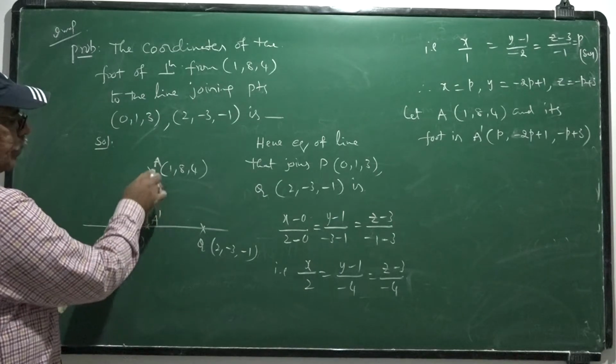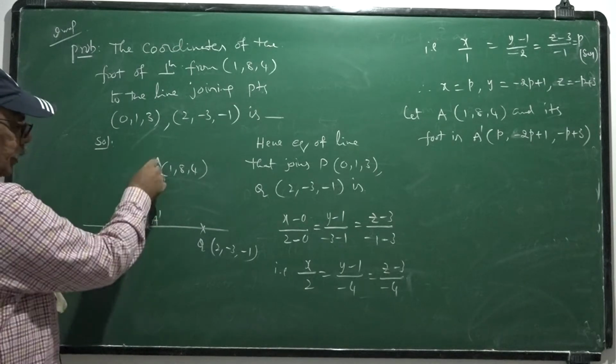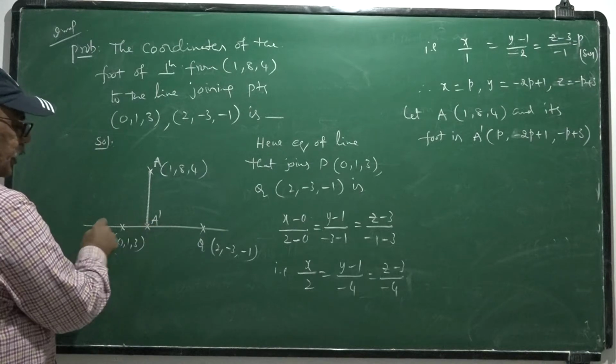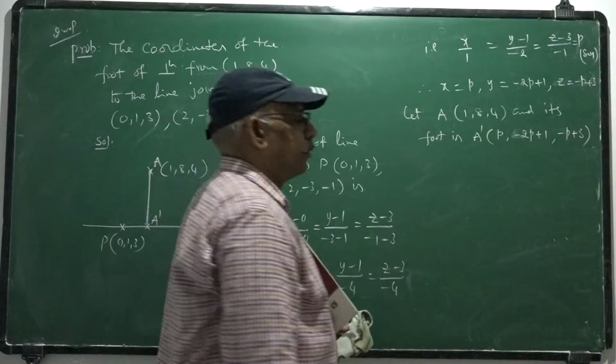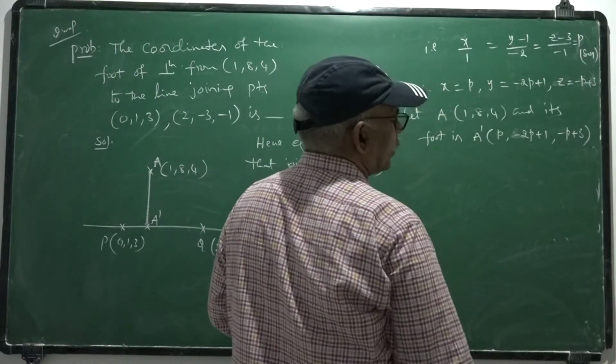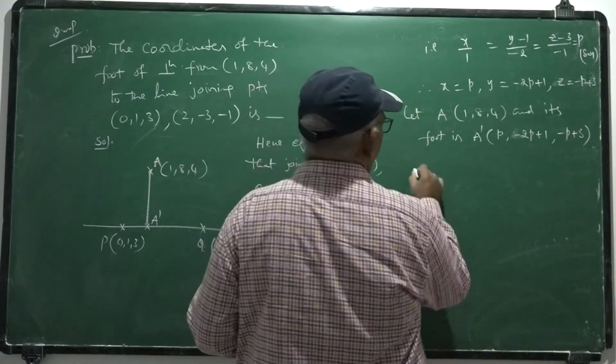Once it is the foot of the perpendicular from A to the line, the DRs of AA dash and the DRs of PQ are at right angle. So the sum of the products of the DRs must be equal to 0.